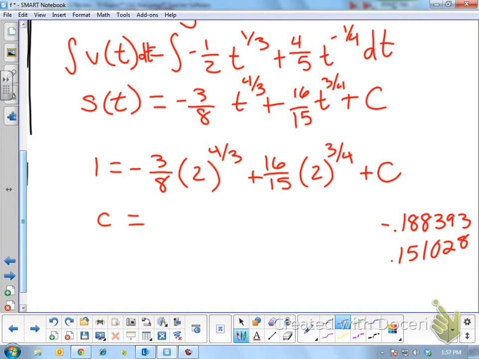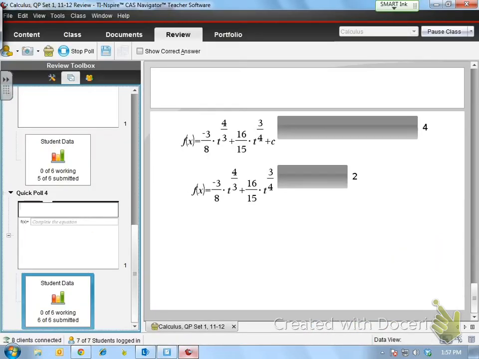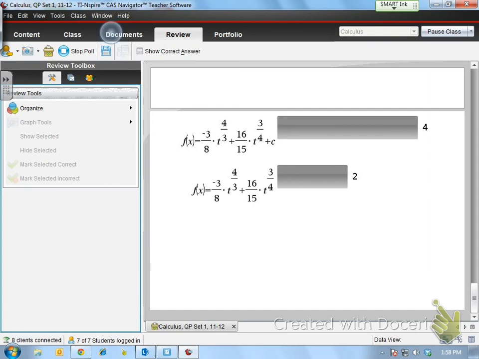So you could do this two ways. You could tell your calculator to solve, and your calculator could just solve the whole equation for you. Or you could plug in 1 plus this minus this.